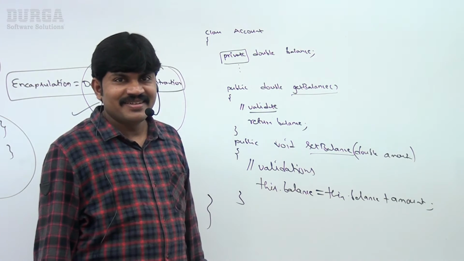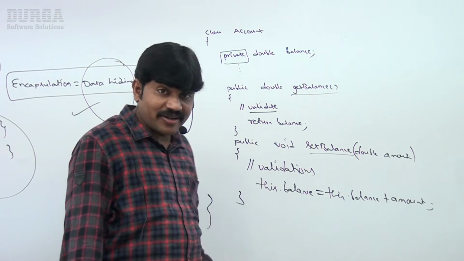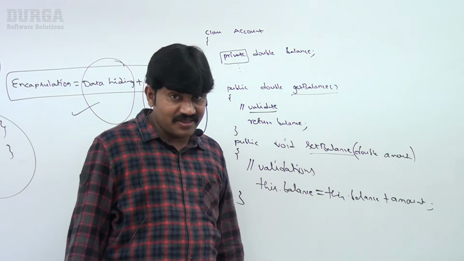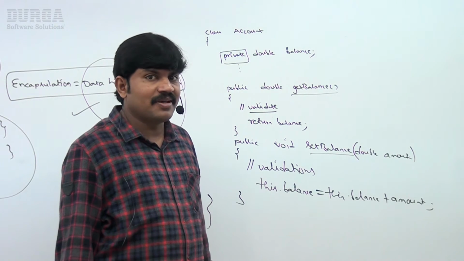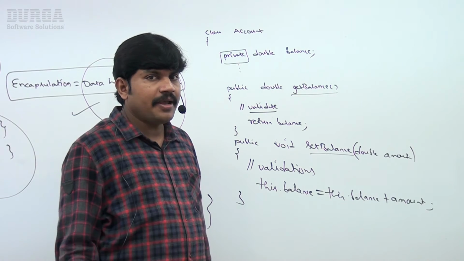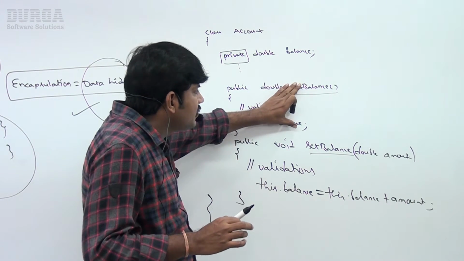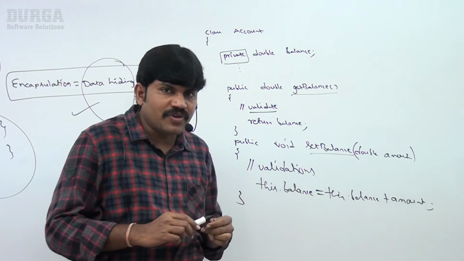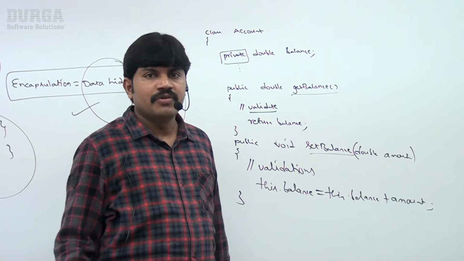Yes, friends. Where is abstraction? How can you conclude that this is the abstraction in this example? Remember that. I never highlight this get balance, set balance functionality to the outside person directly. What I will do?